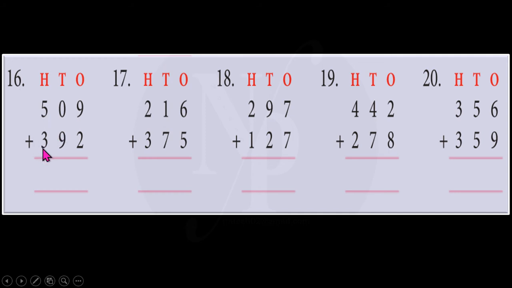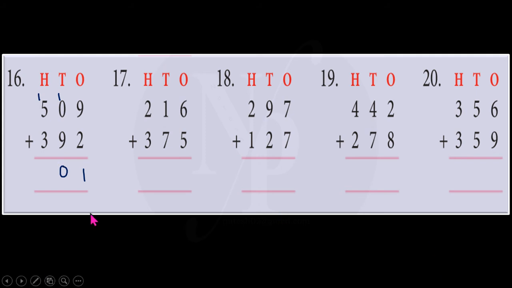509 plus 392. Add 9 and 2. 9 plus 2 is 11. 11 ones are regrouped as 100 and 1 one. So now we add the digits in tens column. 1 plus 0 is 1 and 1 plus 9 is 10 and 10 tens are regrouped as 100 and 0 tens.